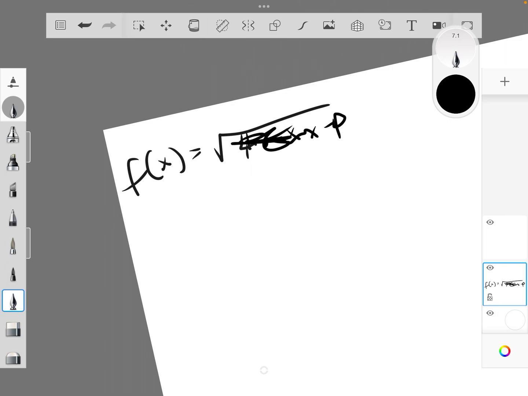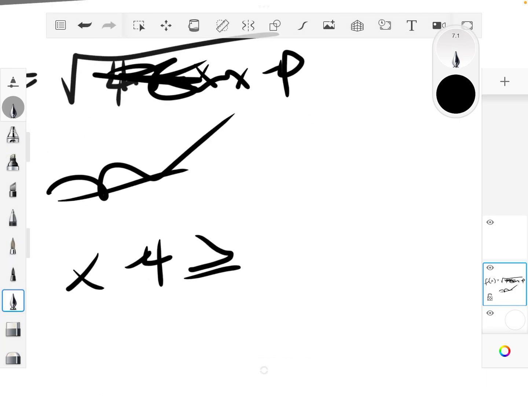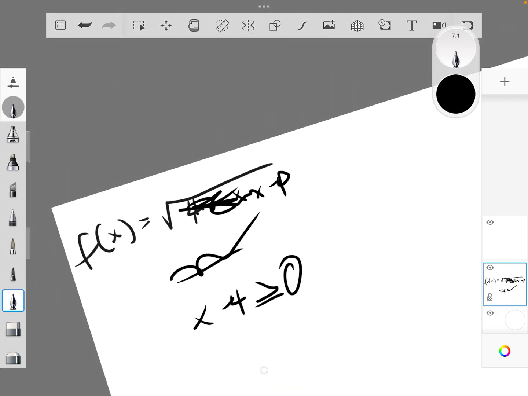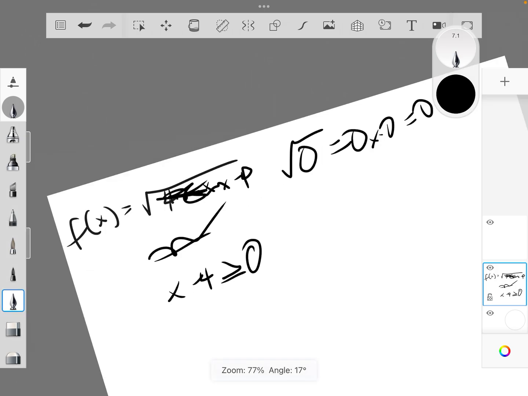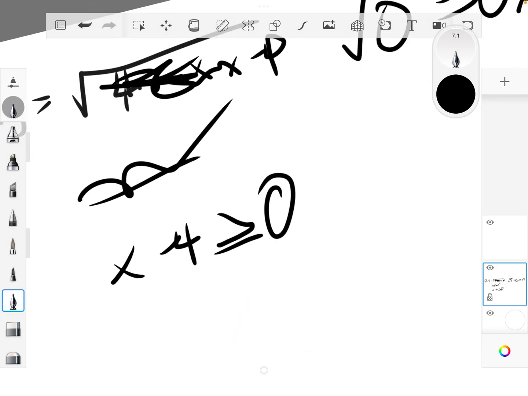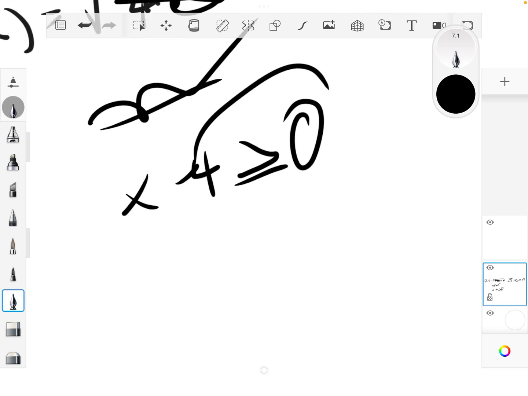We know it cannot be negative, so we say x minus 4 is bigger than or equal to 0, because technically the square root of 0 is 0, since 0 times 0 is 0. So it still can be 0, it's just not negative. We transpose, so x is bigger than or equal to 4.